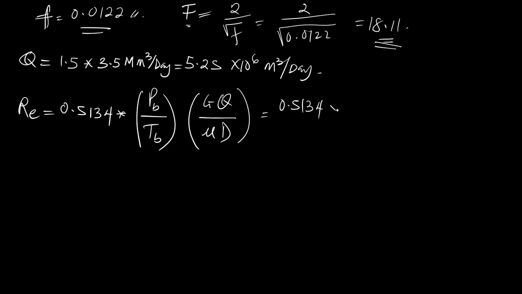So we will now have 0.5134 times base pressure is 14.7 divided by base temperature, which is 288.